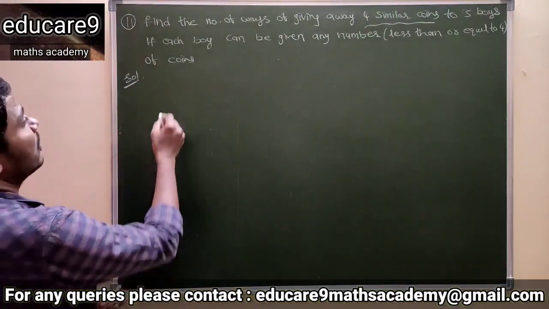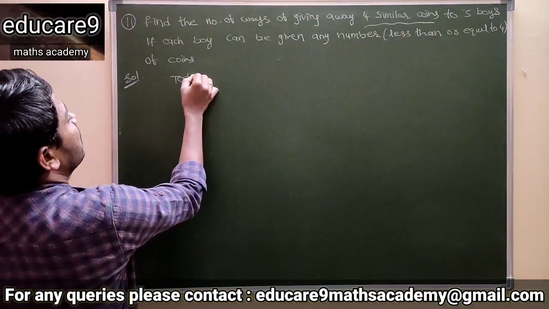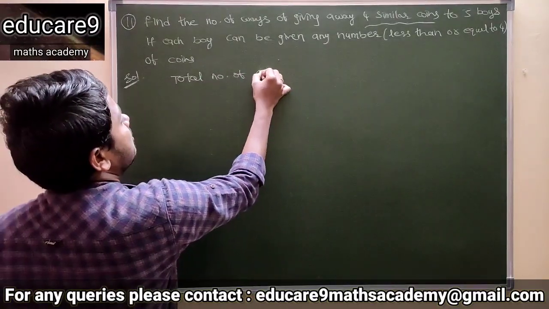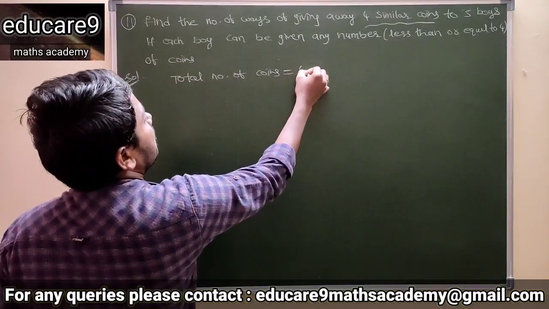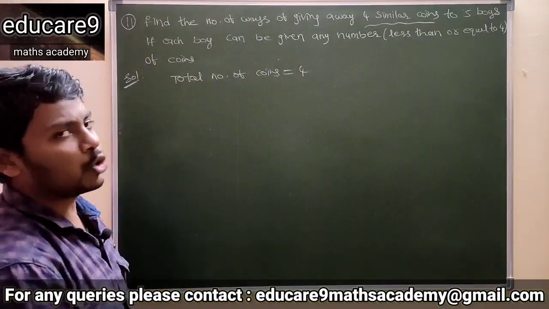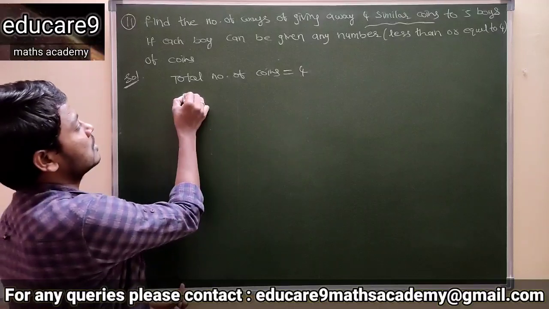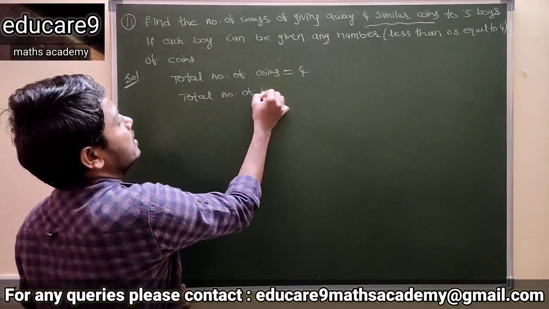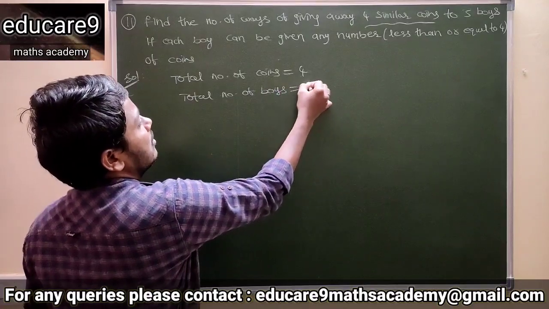So see here, first, the total number of canes is equal to 4, all similar canes. Next, the total number of boys is equal to 5.